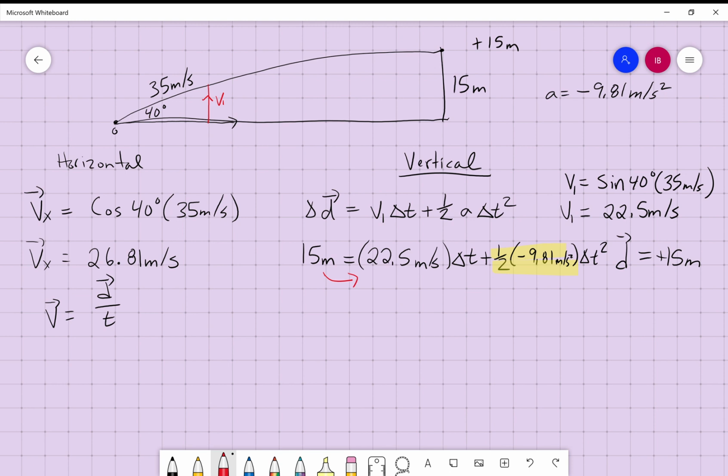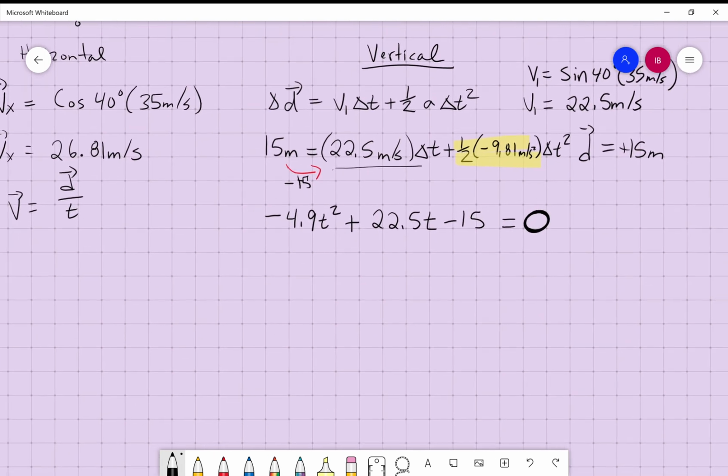By simplifying that, I'm going to get approximately negative 4.9 t squared, plus 22.5 t, and then bringing this over makes it a negative 15. Minus 15 is all equal to 0. So this is the equation, and now we're going to use the quadratic formula to solve this.